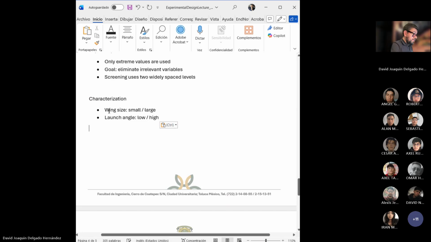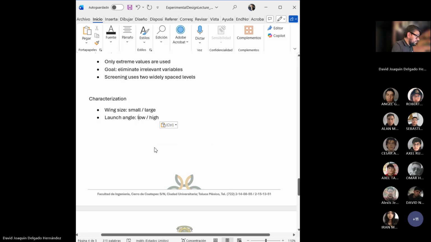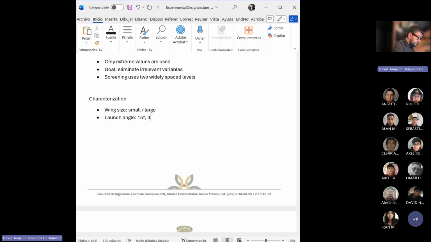Characterization. In large angle, you can have, for instance, 15 degrees, 30 degrees, 45 degrees, and you can have 60 degrees, okay?